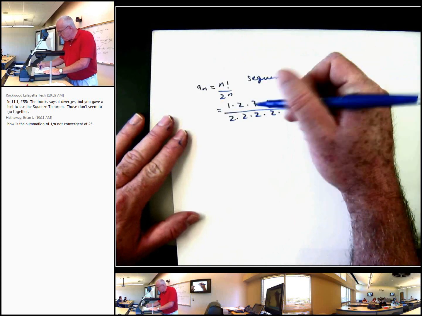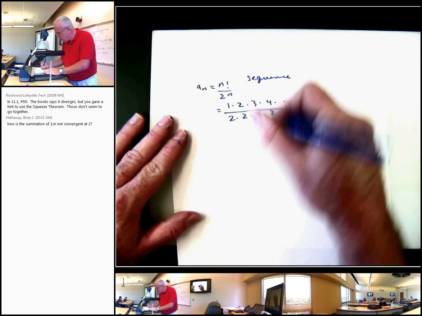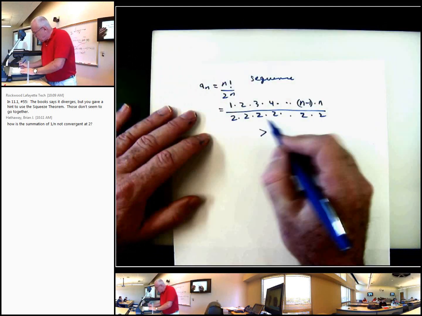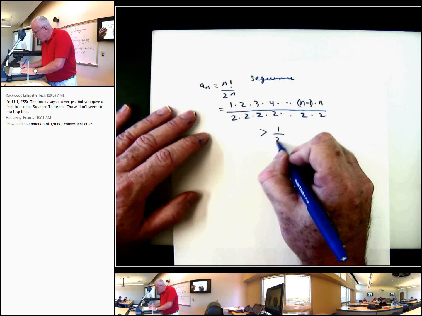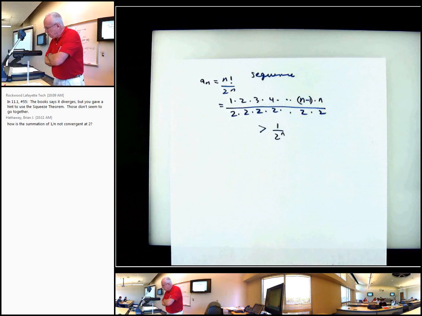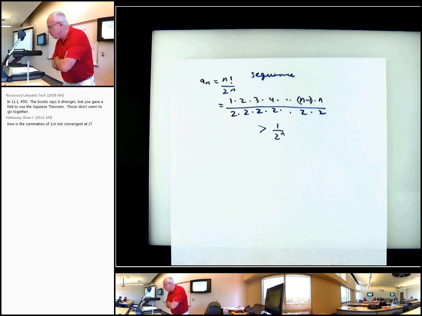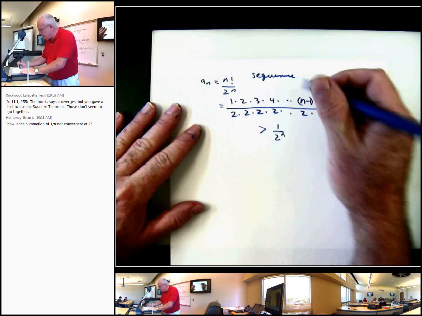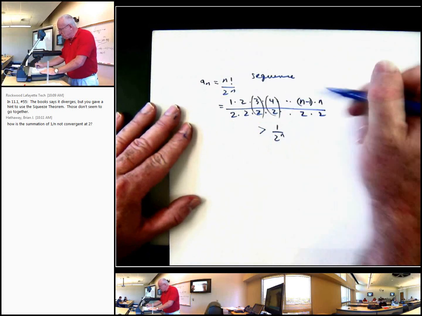This is all going to be bigger than 1. I mean, you can see it's certainly as the limit, because this is bigger than 1, bigger than 1.